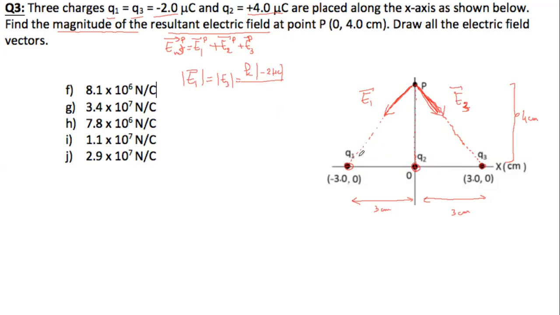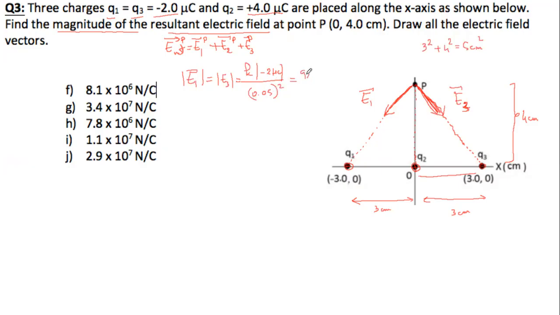Well, the distance between Q1 and P is the same as the distance between P and Q3. Use the Pythagorean theorem. If this is 3 and this is 4, the hypotenuse is 5. 3 squared plus 4 squared is 5 squared. So the distance is 0.05 meters squared.